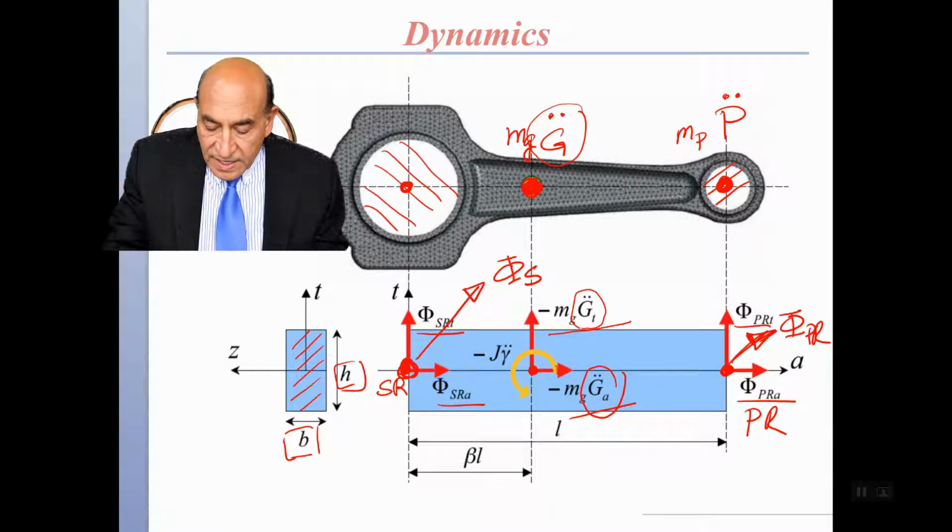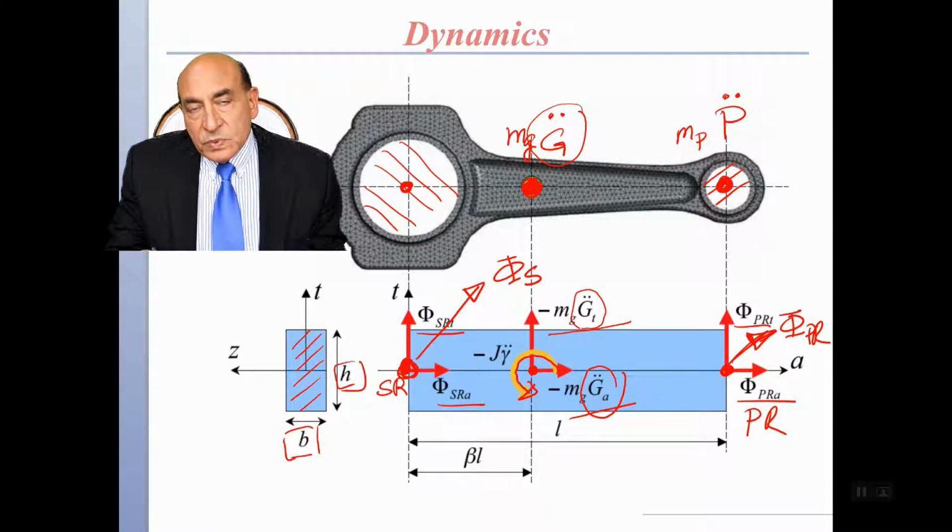In addition, I have a torque, and the torque is concentrated, and that torque is associated with the rotational motion of the rod, and rotational motion is the polar moment of inertia times the angular acceleration gamma double dot.